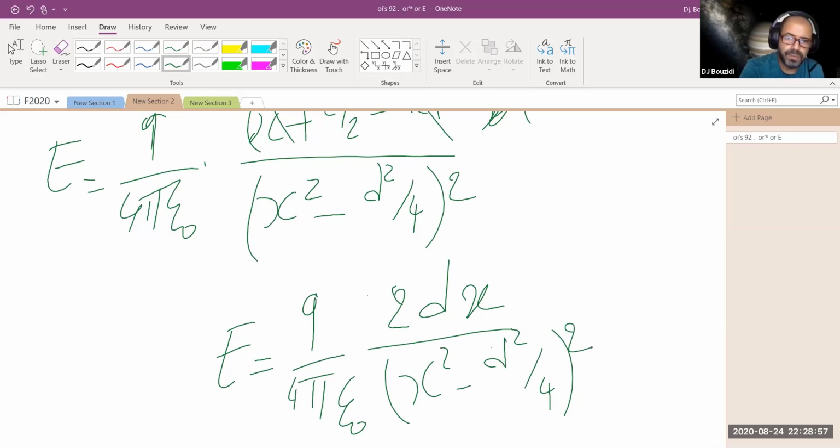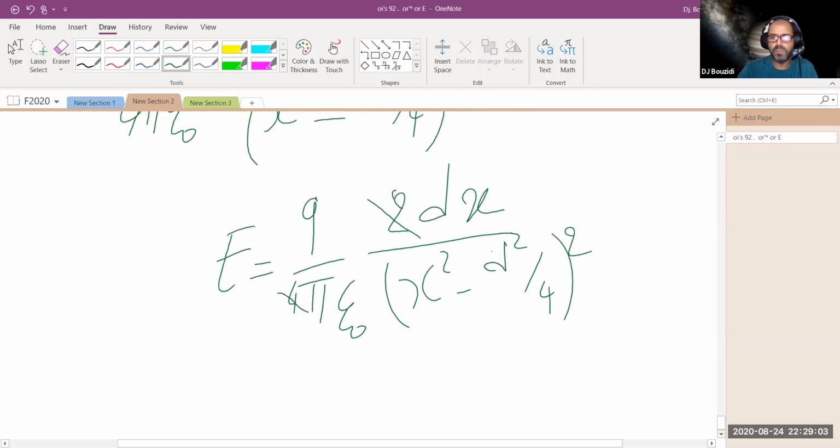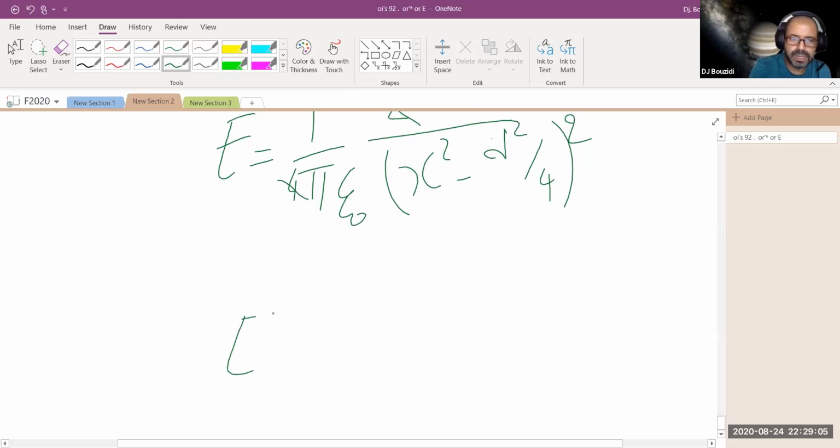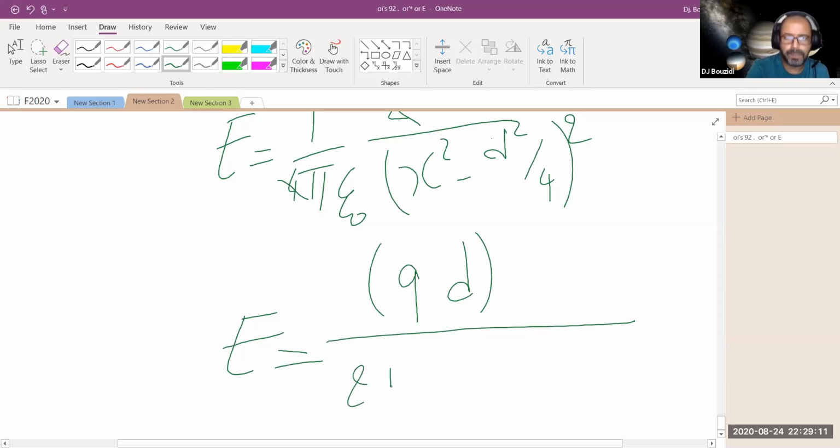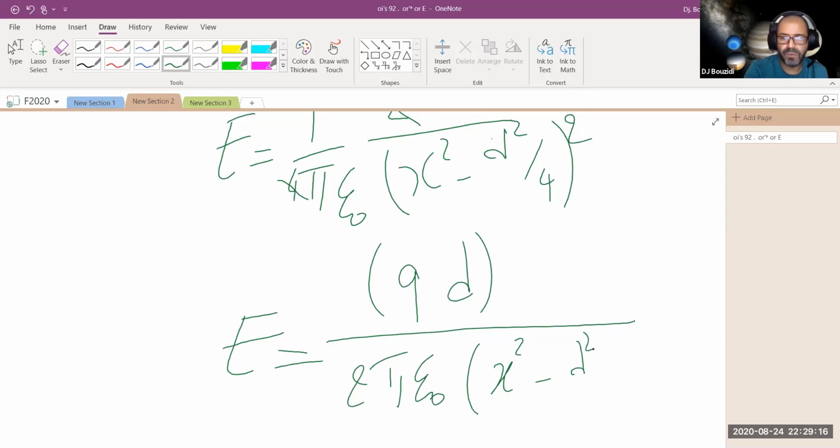The 2 and the 4 cancel. And the final expression, I'm going to write as E equals Q times d over 2 pi epsilon naught times x squared minus d squared over 4, squared, times x.